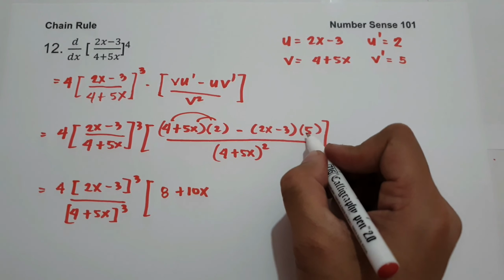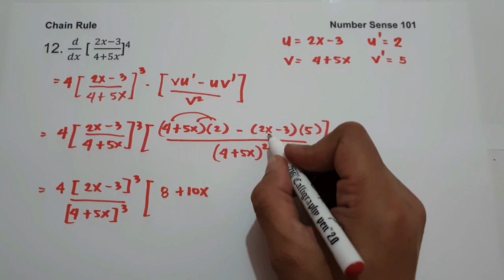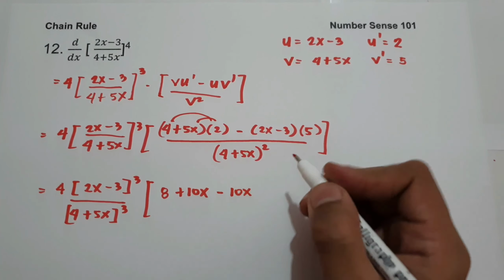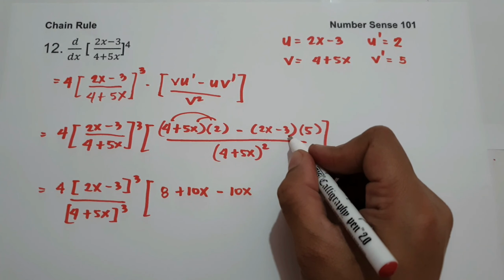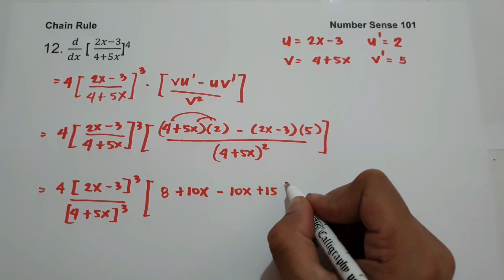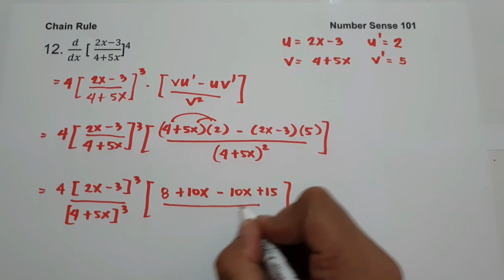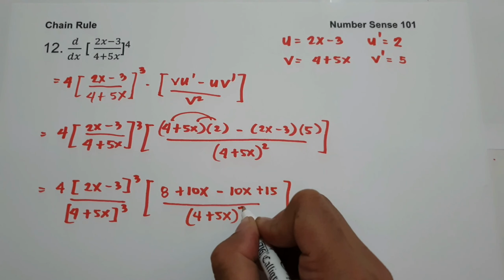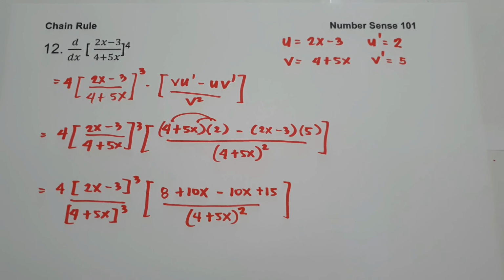And then 5 multiplied by 2x, that is 10x, times negative, that is negative 10x. And then 5 multiplied by negative 3, that is negative 15, times negative, that is positive 15. And then let us write 4 plus 5x squared. And then let us cancel this one.